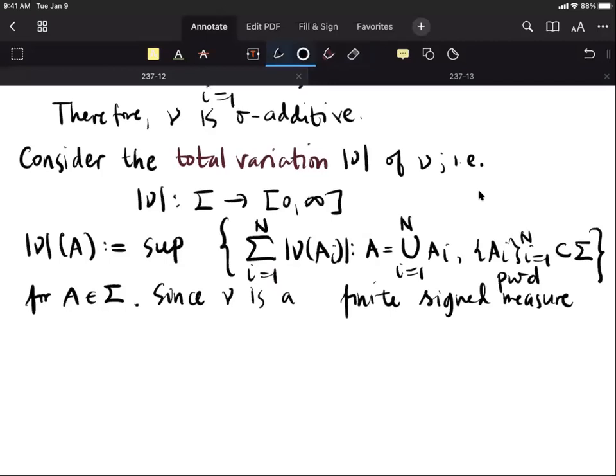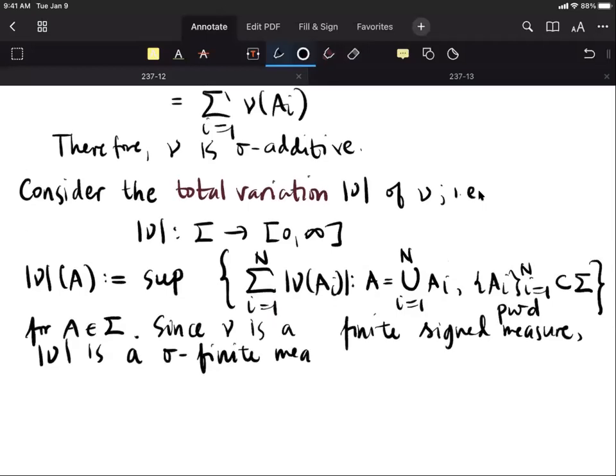In fact, this is a finite signed measure. We can show that the total variation is a sigma finite measure.